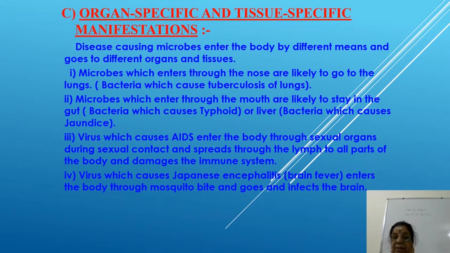Lymphocytes are a part of WBC. WBCs are divided into granulocytes and agranulocytes, and the agranulocytes include the lymphocyte. So HIV first enters into the lymphocytes.